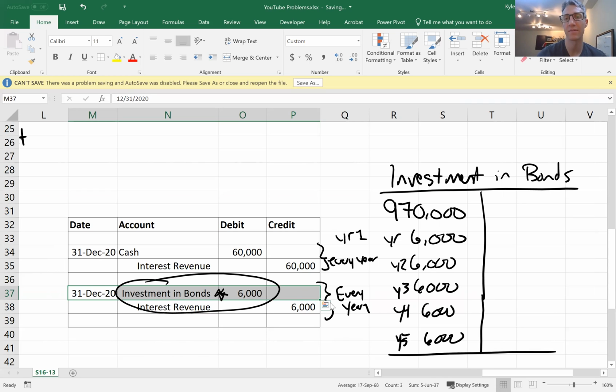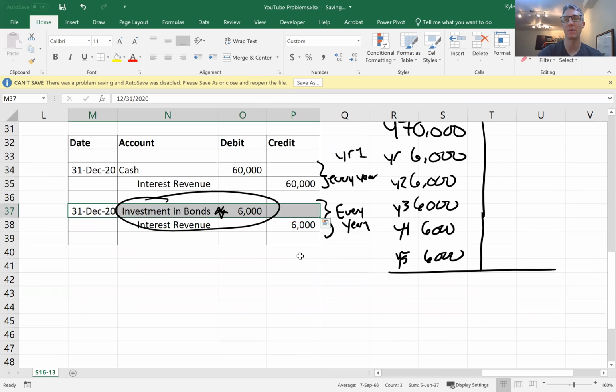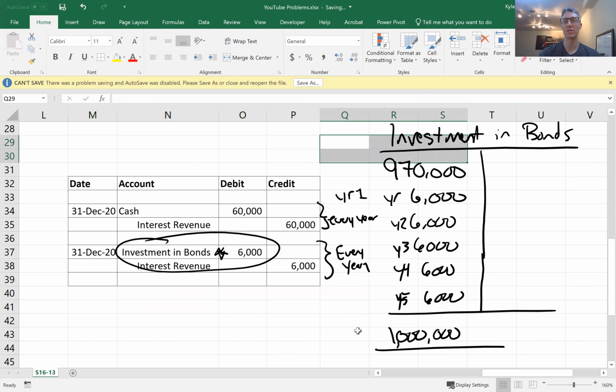So at the end of the fifth year, the carrying amount of the bond is going to match that face value, $1 million. This is the amount of cash that you're going to receive from the investee at the end of the bond term. So the asset value at the end of the term needs to match the face value at the end of the term.